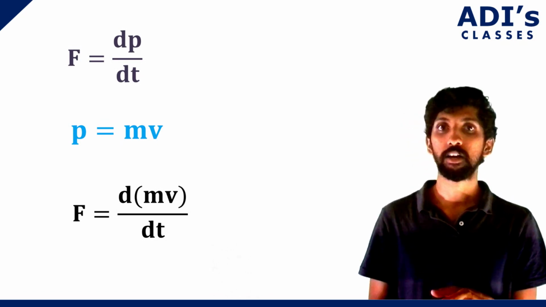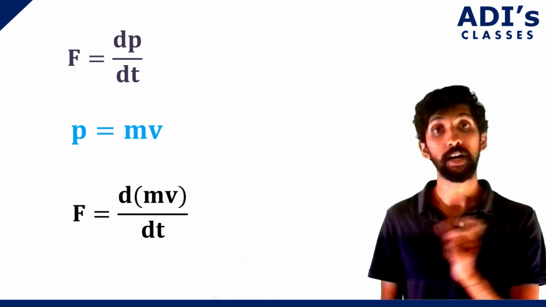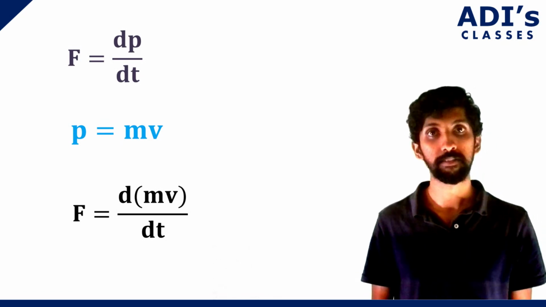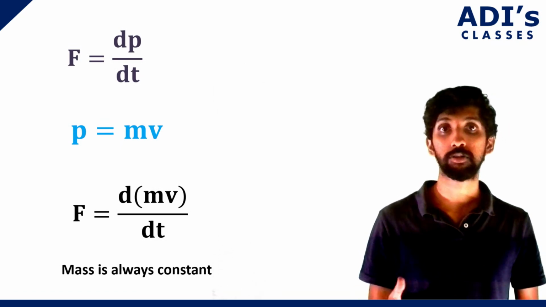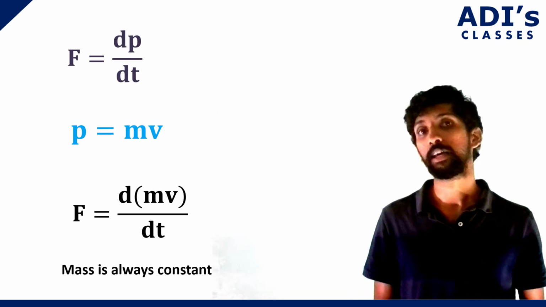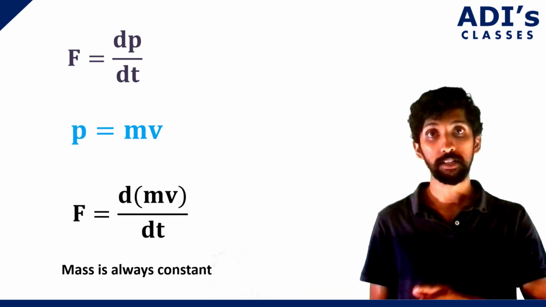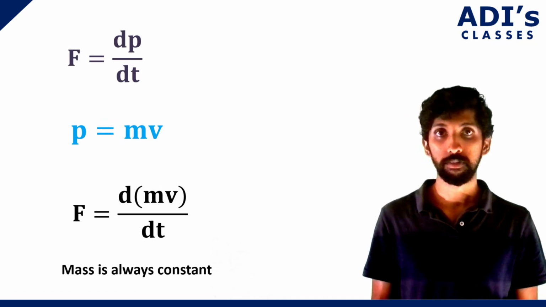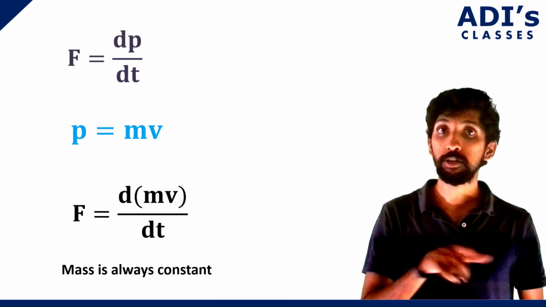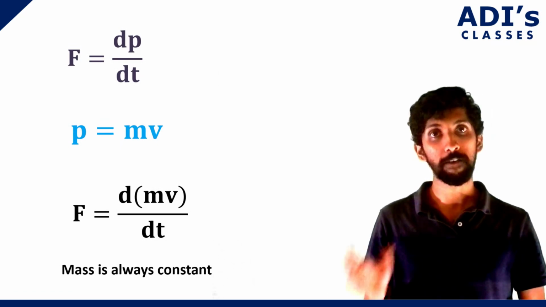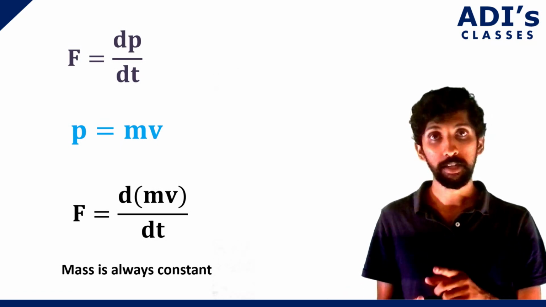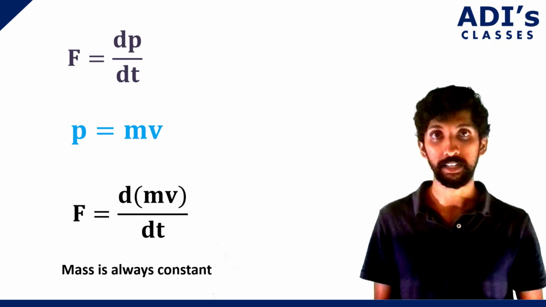So we can conclude that mass of the object always remains the same, irrespective of whether you kick the football or you just stop the football, irrespective of what you do, mass of the football remains the same. So in m into v, m is always the constant. So we'll get F is equal to m into dv by dt.